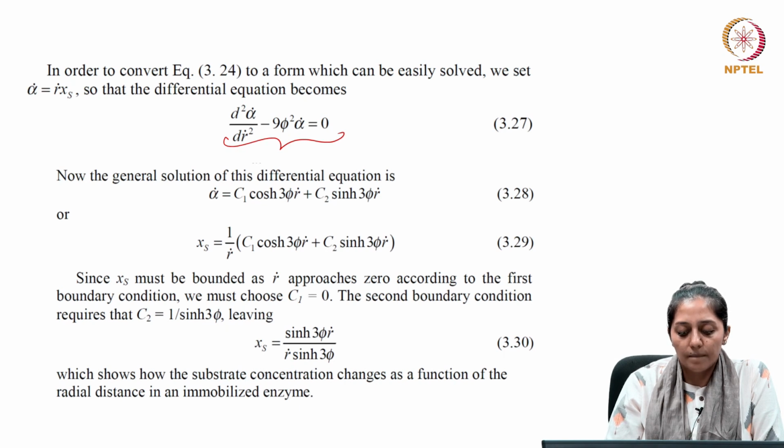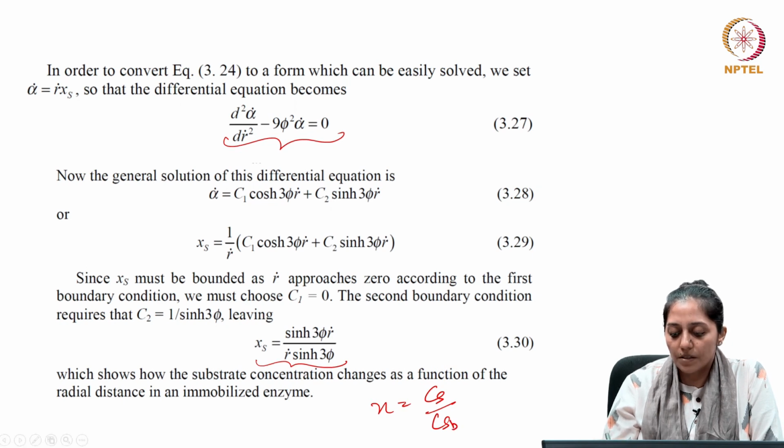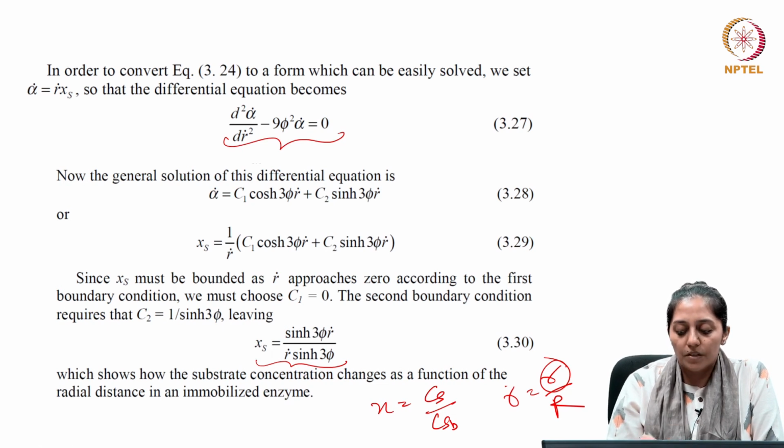When all this is done, your Xs, which was nothing but Cs by Csb, is related to R dot, which was r by R. So, the Cs is indirectly being related to the radii of the pellet. So, this equation 3.3 finally shows how Cs will change with the radii inside the pellet if the reaction kinetics is governed by first order reaction rate kinetics.